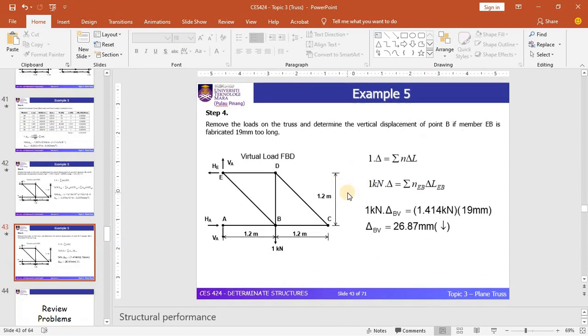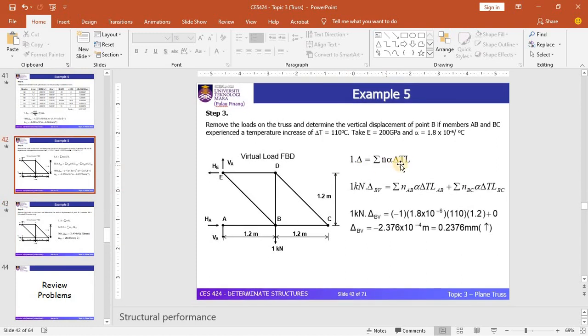This is the equation you have seen in the early part of this lecture, where the displacement due to the temperature effect is given by the summation of N alpha delta T L. The members affected are members AB and BC, so since two members are affected, you need two terms: the first term for AB, the second term for member BC.